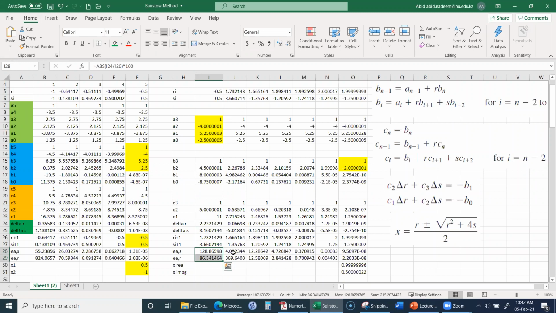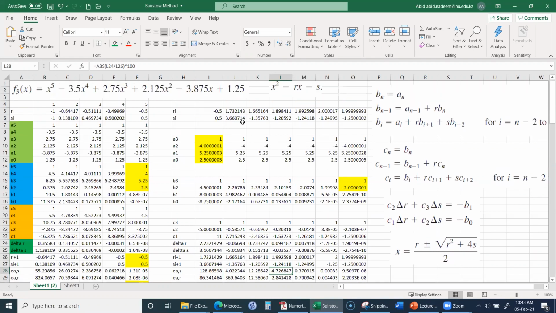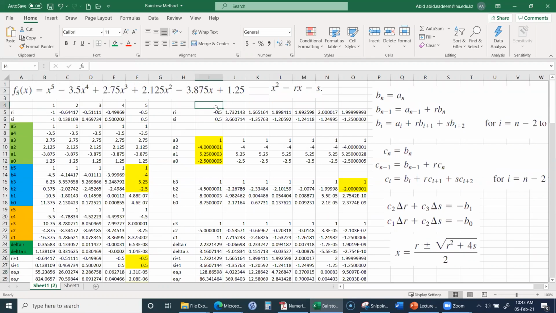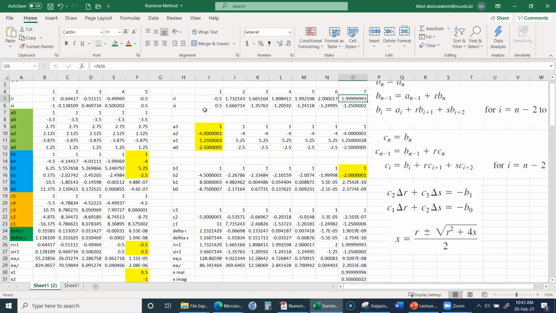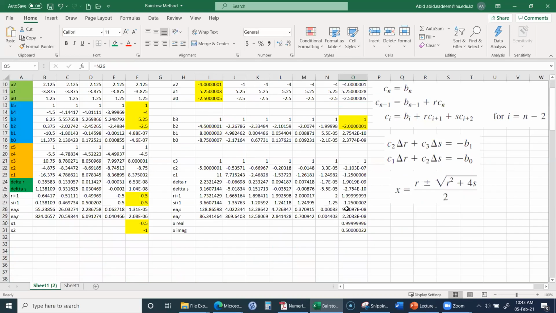In the later iterations these errors reduce from 128 to 4, then increase a little bit, gradually increasing. But by the first, second, third, fourth, fifth, sixth, and seventh iteration, I get reasonably close values over here.